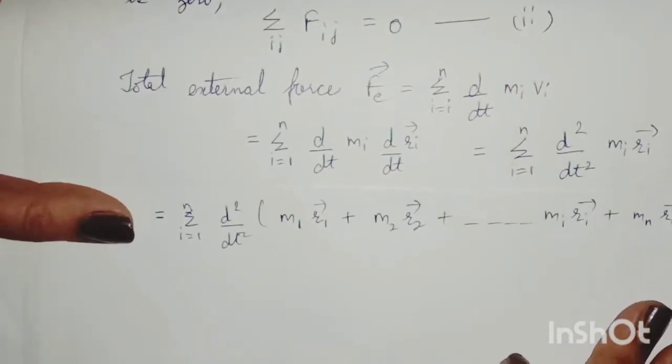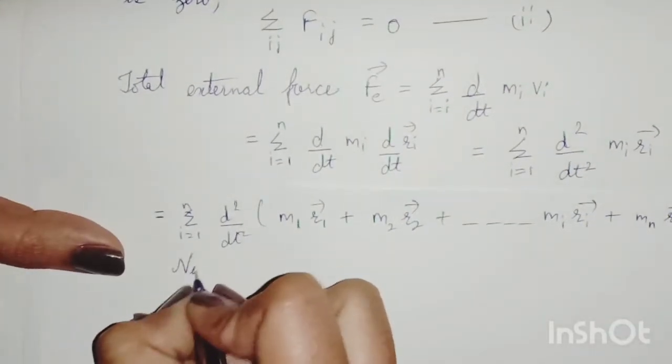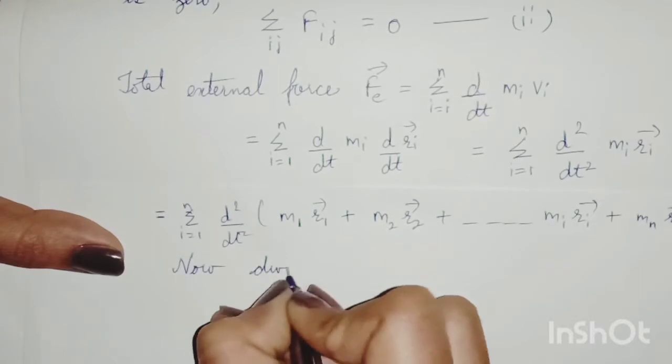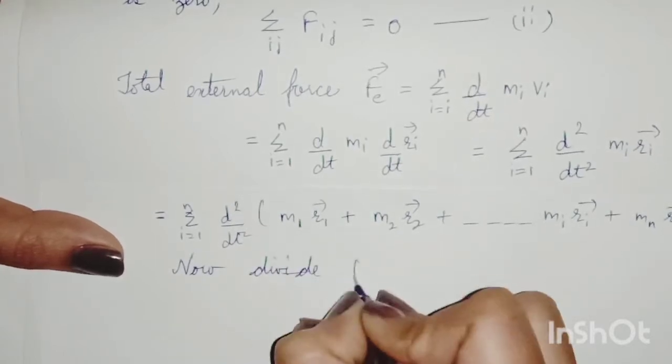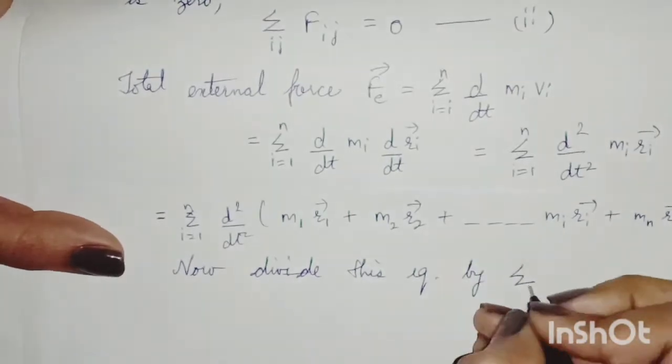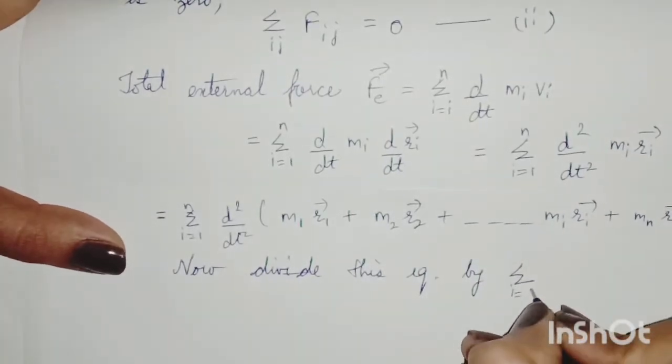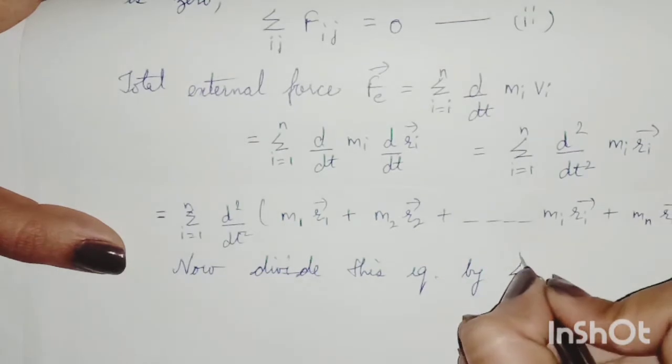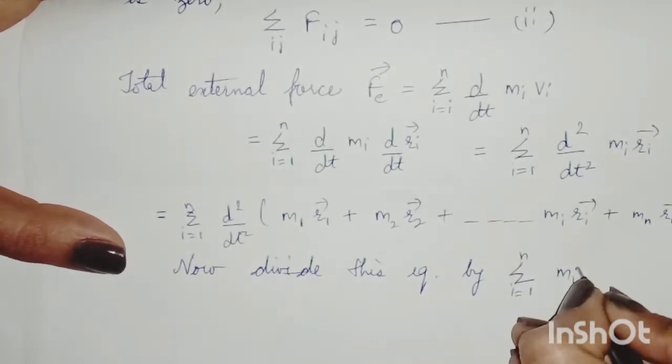Now divide this equation by summation over i equals 1 to n of mi.